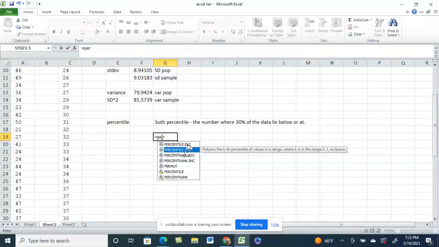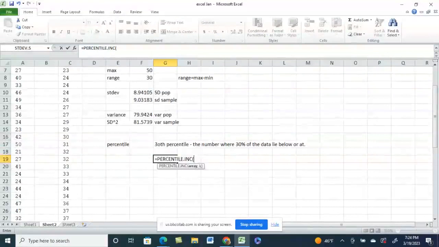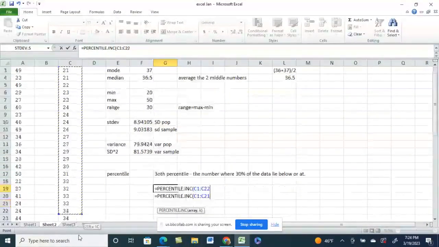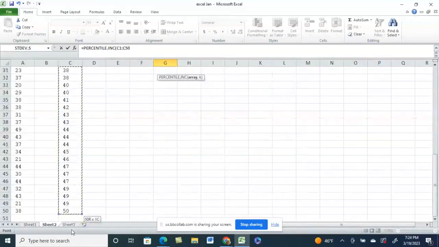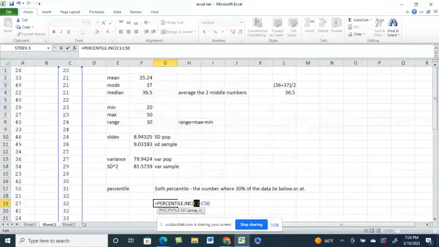So inclusive means we can include the number when we're talking about the 30% below or equal to. So we use inclusive in our definition. And the announcement I sent out shows how to do it longhand. So I'm also going to go to the whiteboard and show you how to do it longhand. And the numbers won't add up.